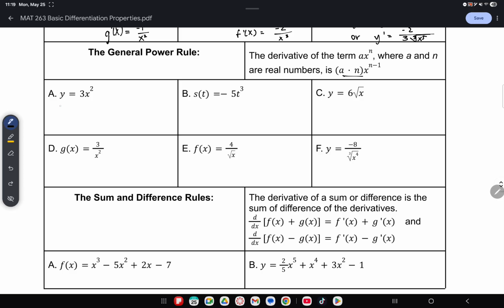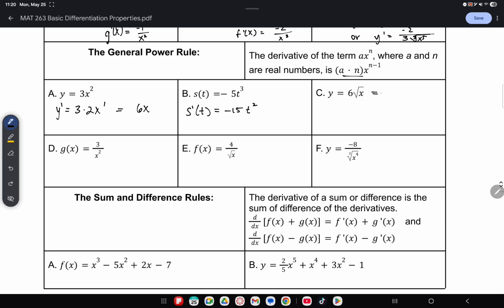So, like this first one here, if I do a derivative, I'd have 3 times 2, and subtract 1 from the power, which gives me 6x. Right? And if I do a derivative for this s of t, I would bring that 3 out and multiply it, so negative 15, and then subtract 1 from the power.